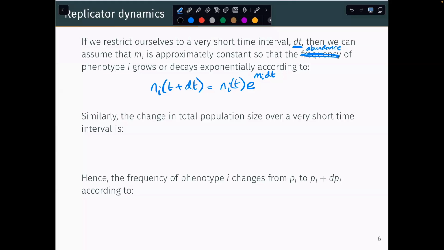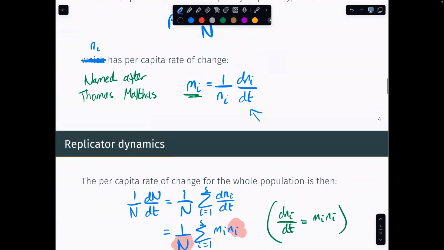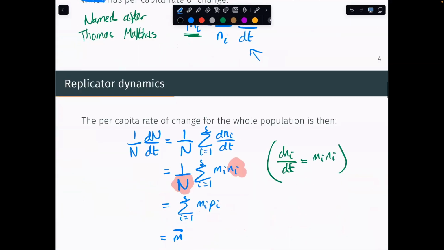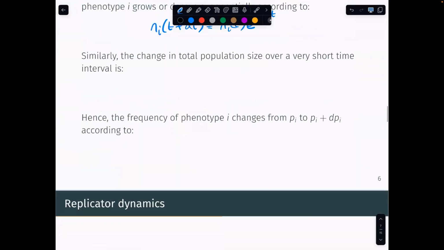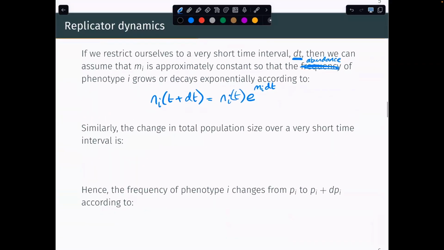This exponential here comes from the fact that we've got derivatives here. If you've got Malthusian growth, dni/dt is equal to mi times ni. You can solve this through separation of variables. You'll get an exponential. This is where this exponential comes from. Okay, so that's for each phenotype.